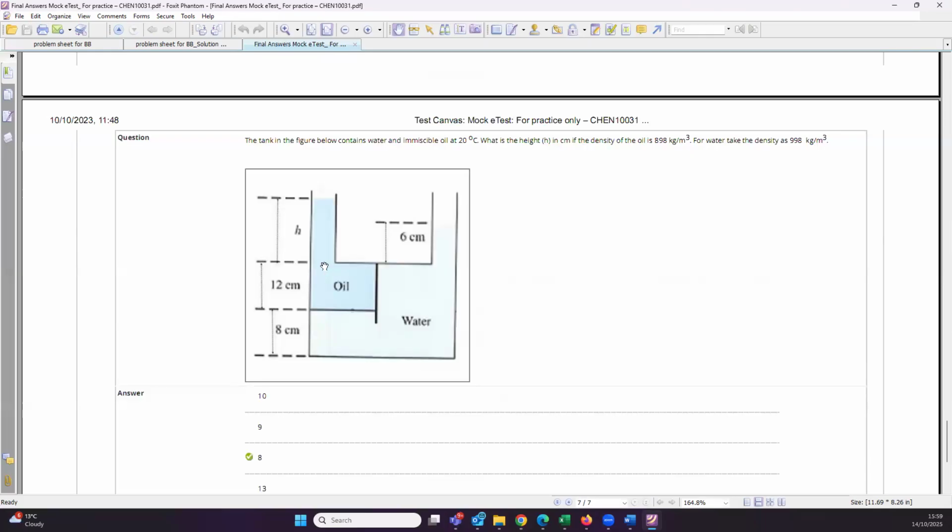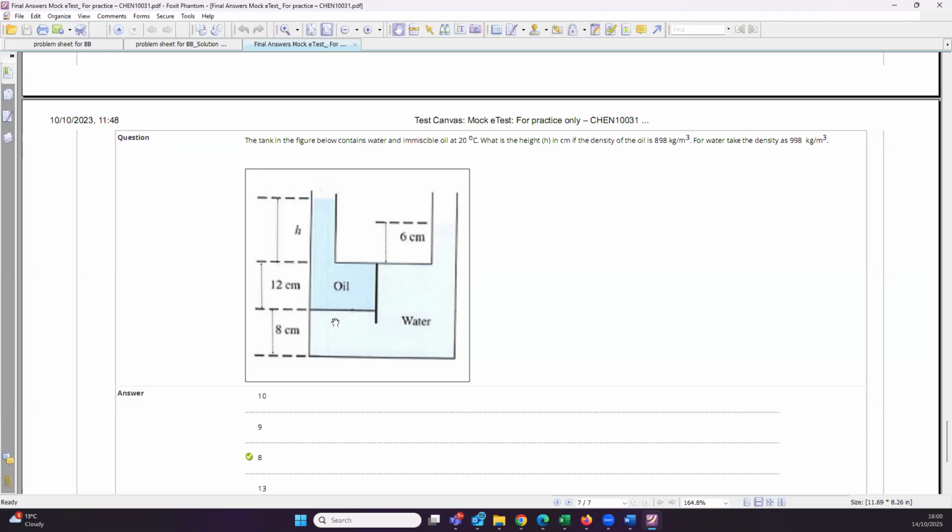Up to this point you have H, then the whole oil from this height to this height is 12 centimeter, and then the rest of the fluid is water and it's 8 centimeter. And then you are also given the level of the water from this point, it's 6 centimeter. So again you can see a lot of dimensions, different fluids.